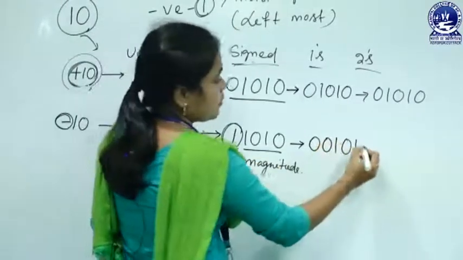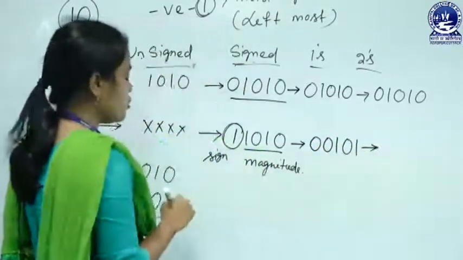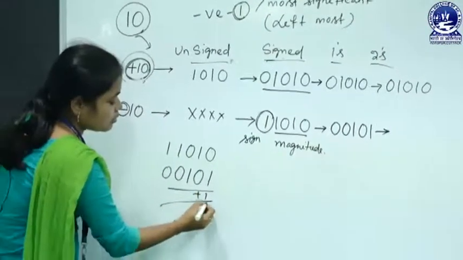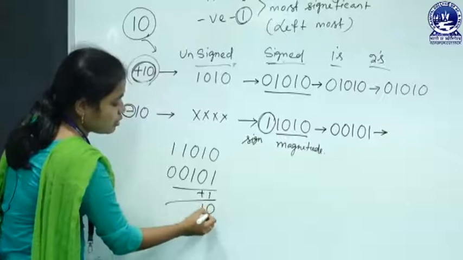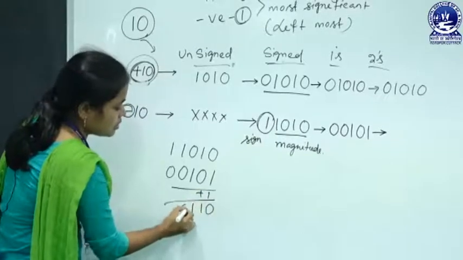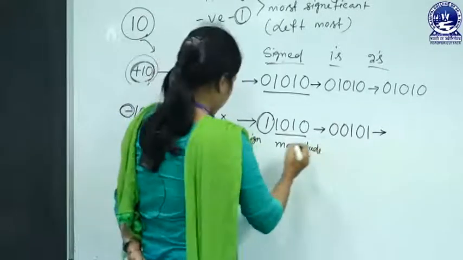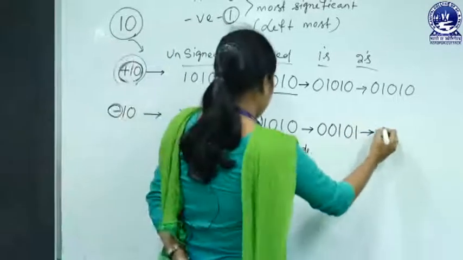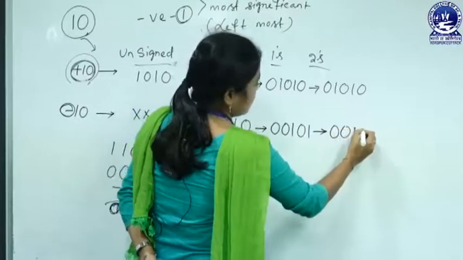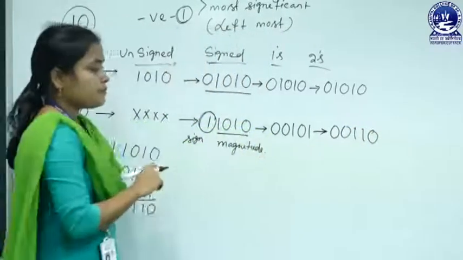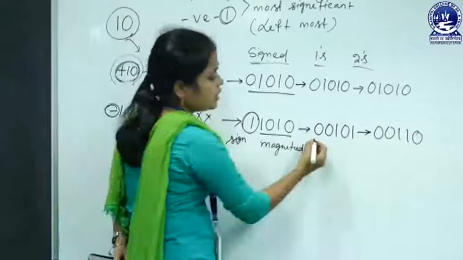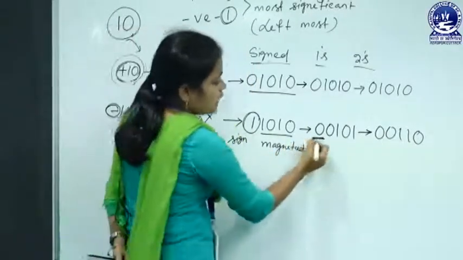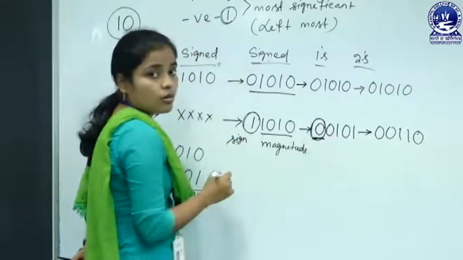Okay. And what will be the value for 2's complement? We simply add plus 1, so it will be 0 0 1 1 0. But when we look at the leftmost bit, it is 0.